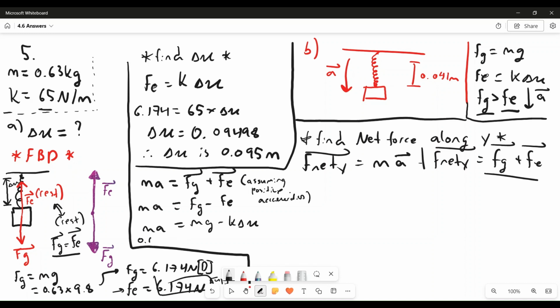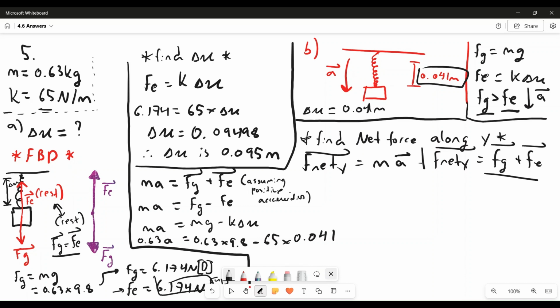We'll plug in the mass, which we know, keep acceleration, 0.63 times 9.8 minus 65 times the distance that it is falling, which is 0.041 meters.